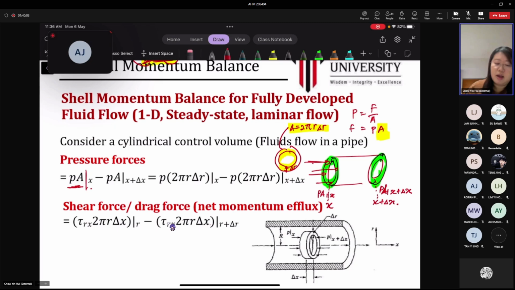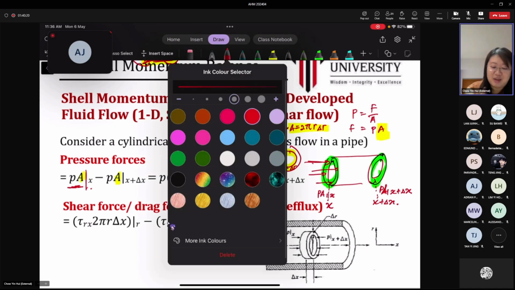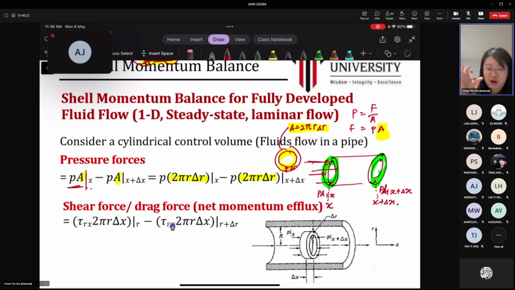And the area is expressed as 2 pi r delta r. Hopefully with the drawing you can imagine where the force acts. This is the pressure force. It's as if there's pressure from the fluid behind this differential section that pushes the fluid out. That's the pressure force.